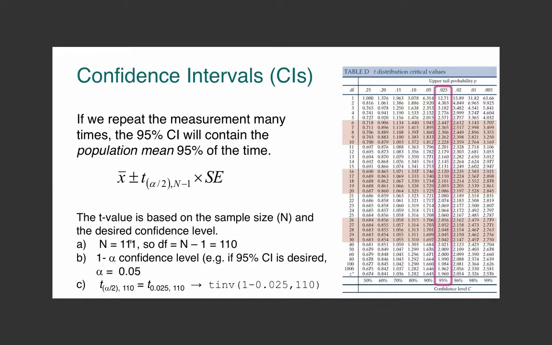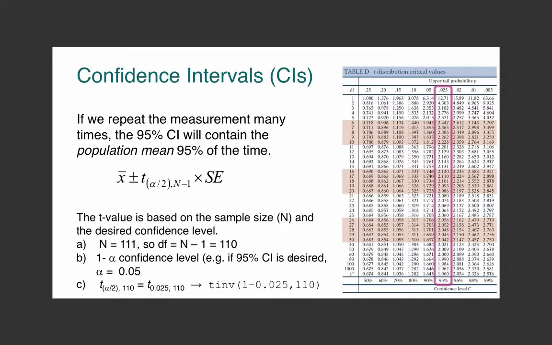The sample size in this case is 111, so our degrees of freedom is one less, 110. The confidence level is 95%, which means the significance level is 5%. We halve the significance level and subtract this from 1. So we're interested in this percentile of the t-distribution with this degrees of freedom.